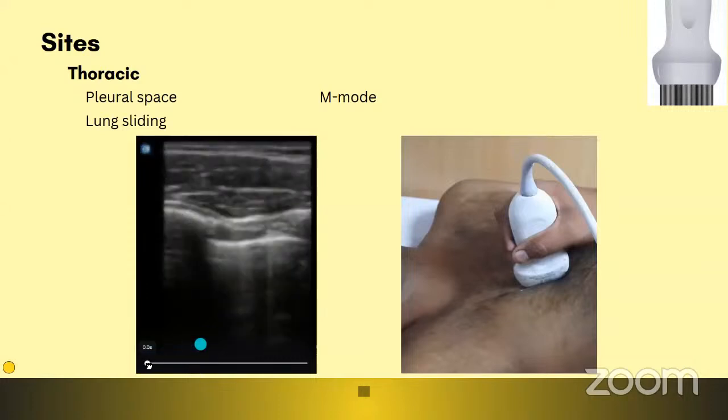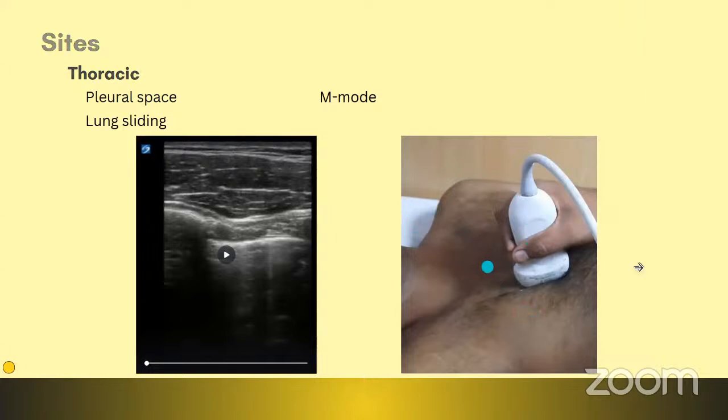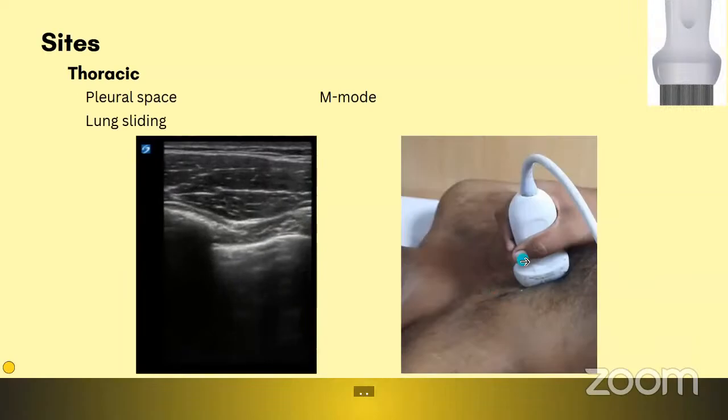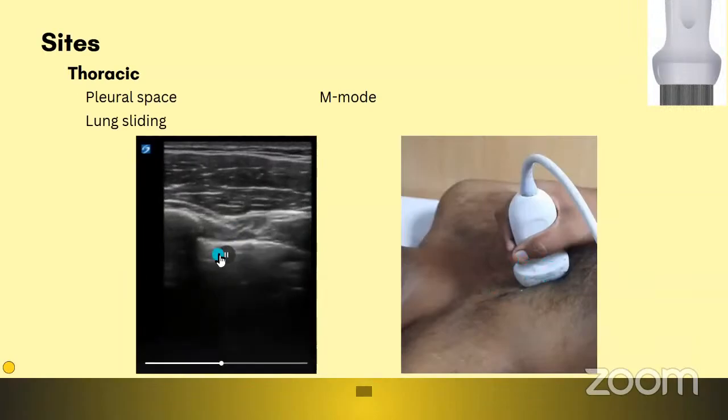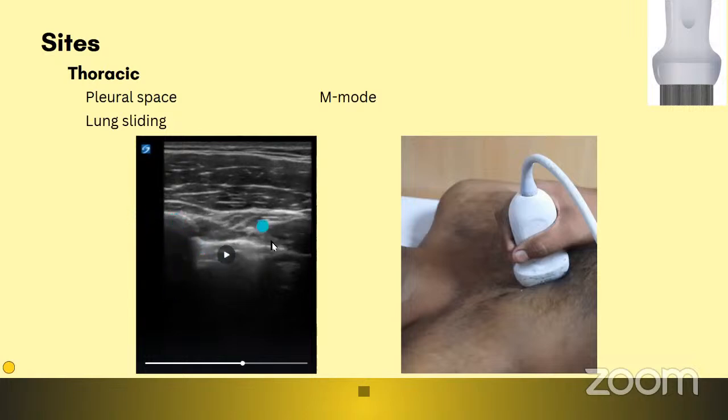Yeah, you can see it. First, let me show the probe movement. It is just an image actually. So what you need to do is keep the probe with the orientation marker in the cephalad direction, just over the third and fourth intercostal space. The intercostal space is necessary because, as you can see here, these two are the ribs, and these ribs are producing shadows.